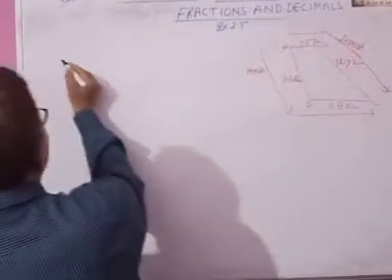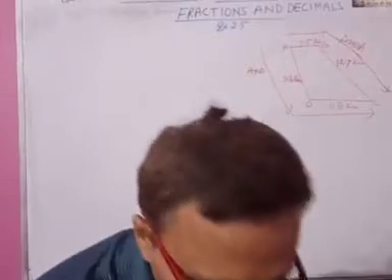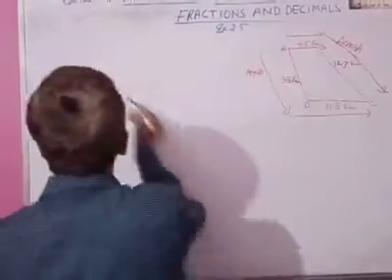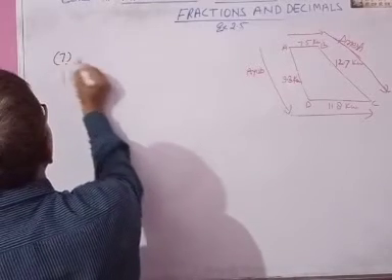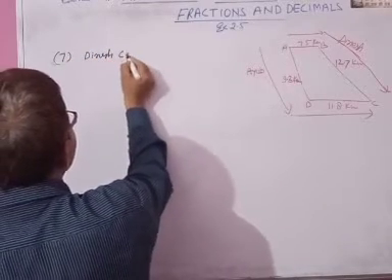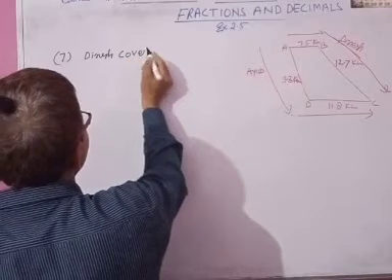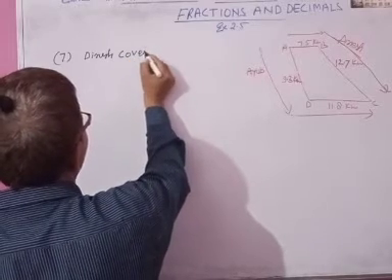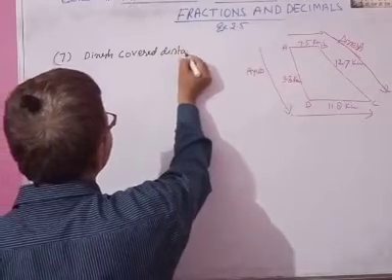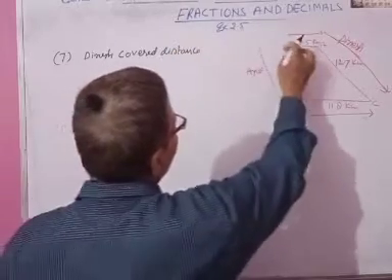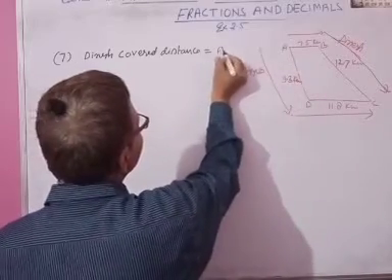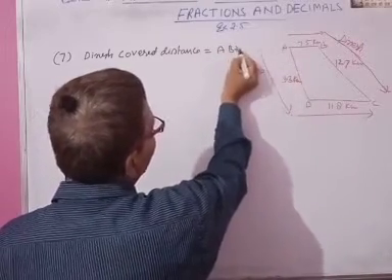Question number 7. Dinesh covered distance A to B and B to C. AB plus BC.